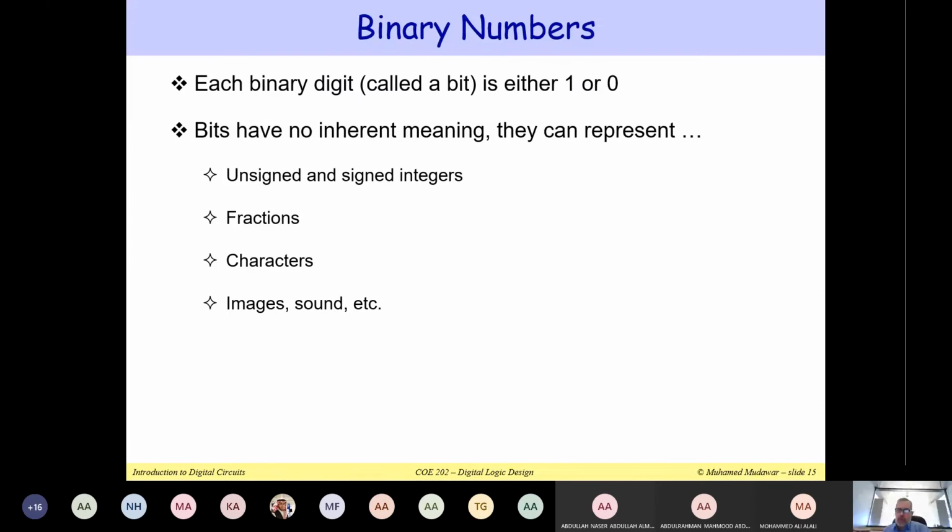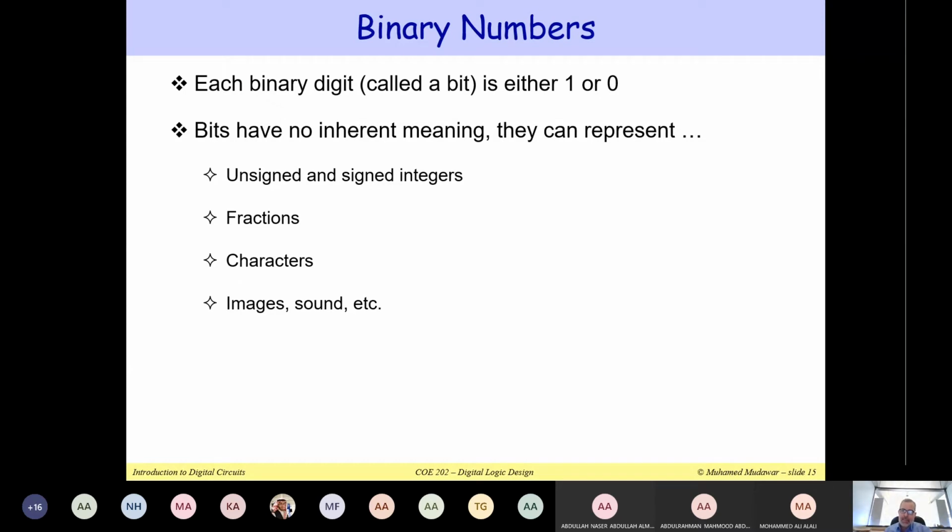My topic today will be about binary numbers. Everything stored inside the computer system is in binary. So whether we are storing numbers, fractions, negative numbers, signed, unsigned, characters, symbols, images, sound, everything is stored in binary. It's a lot easier to represent numbers in binary rather than in decimal, because digital circuits represent numbers in binary using only 2 voltage levels, high voltage and low voltage, to represent the 1 and the 0.